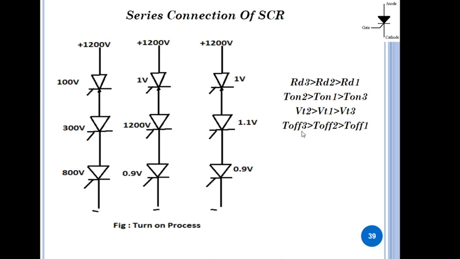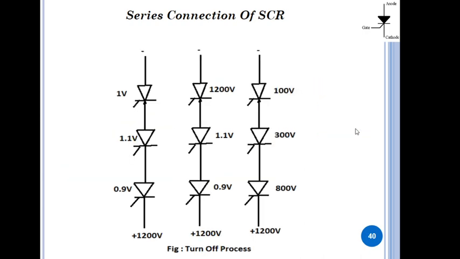SCR2 and SCR3 have a greater turn off time than SCR1, and hence SCR1 comes into the off state first. When an SCR goes into the off state, the maximum voltage is shared by that SCR. So approximately the full voltage is shared by SCR number 1, and it goes into the off state.